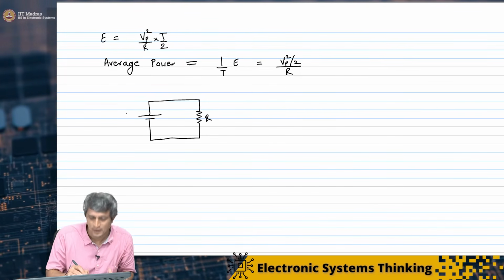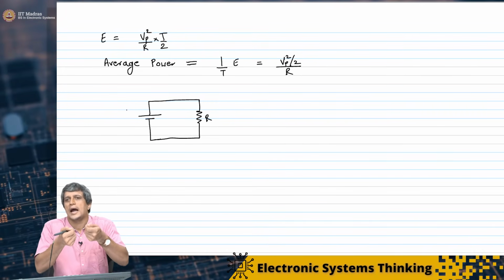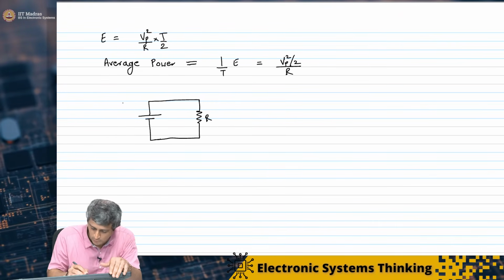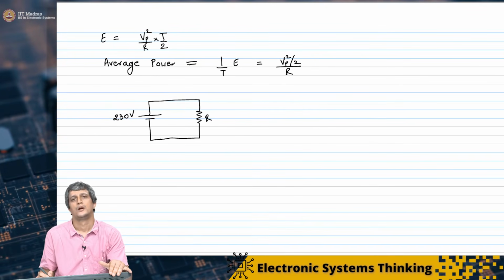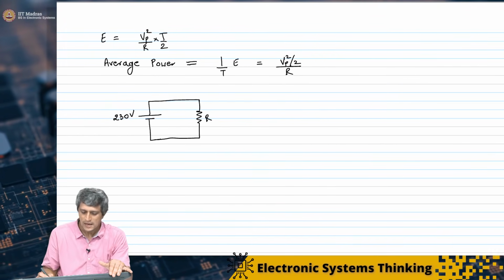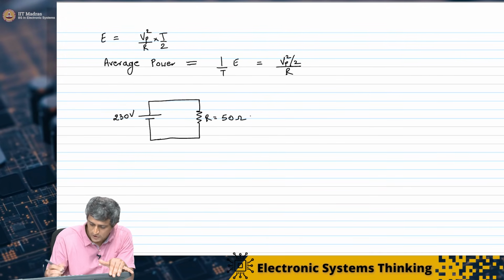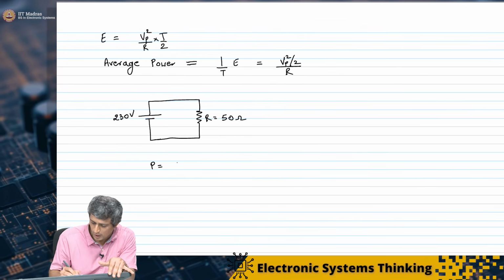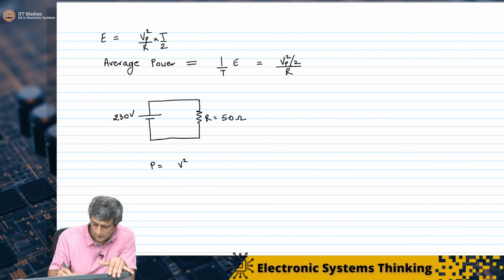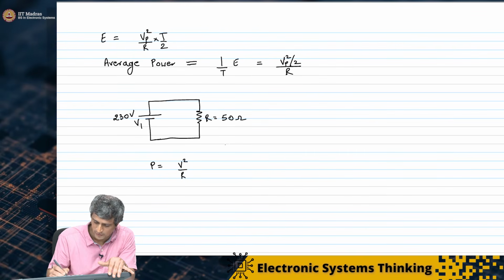We used a voltmeter, we plugged it into the socket, and that voltmeter read 230 volts. And the resistance we measured was about 50 ohms. So if you did a wattage calculation, the power we got was V squared by R. Let me call this V1.